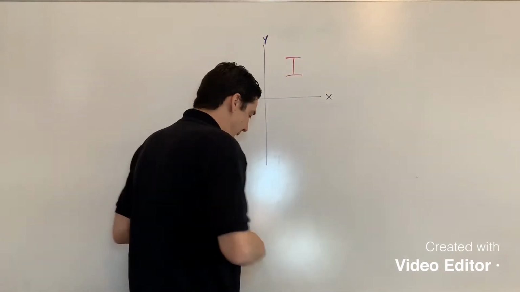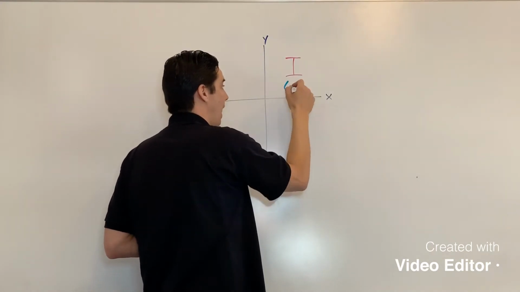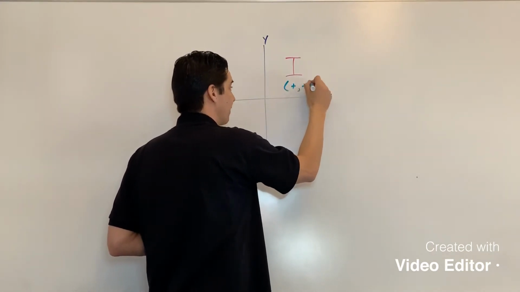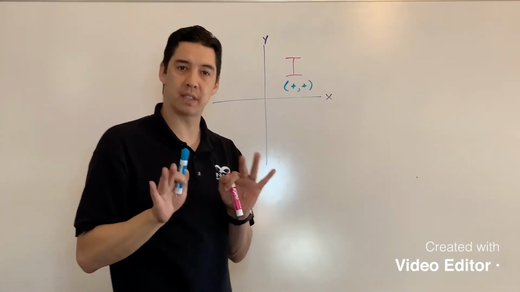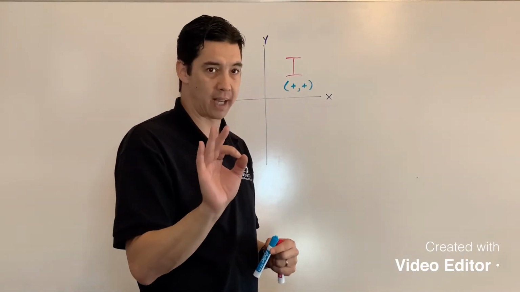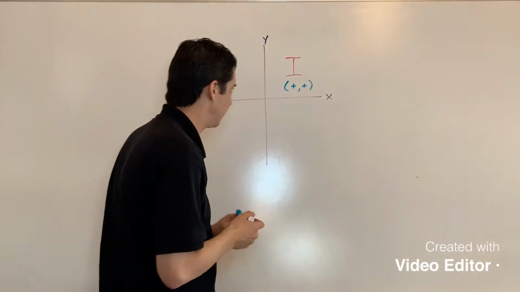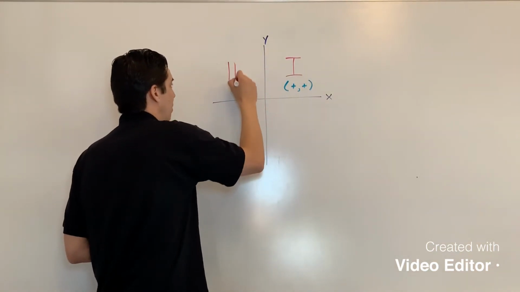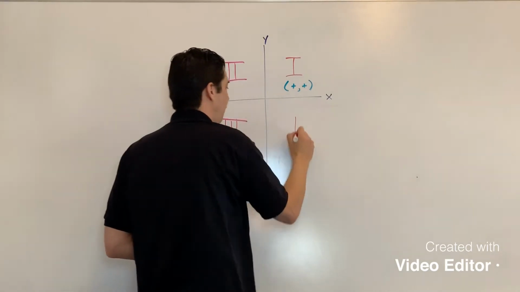And that is where x and y, it's always going to be x comma y, positive, positive. And every time we're doing something in math from now on, unless they specifically say clockwise, you're always going to default to counterclockwise. Meaning this is quadrant 2, quadrant 3, quadrant 4.